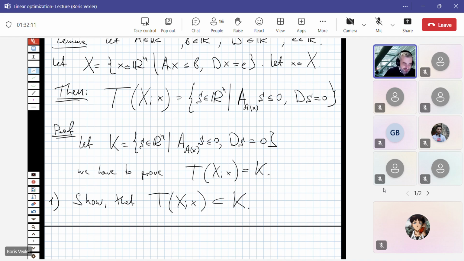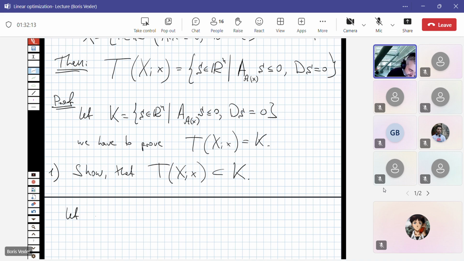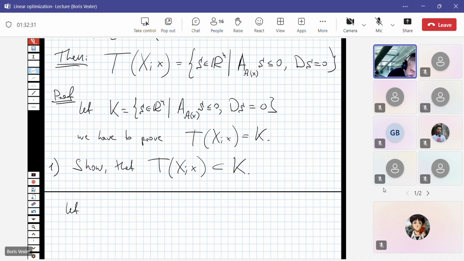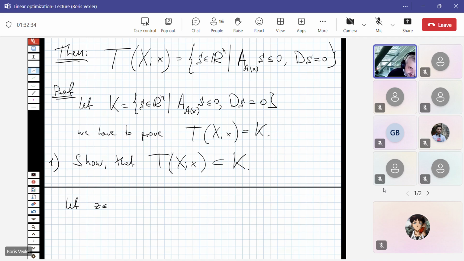We know the tangential cone is the closure of the set of all lambda times y minus x.